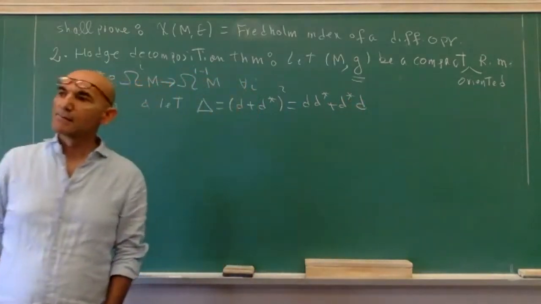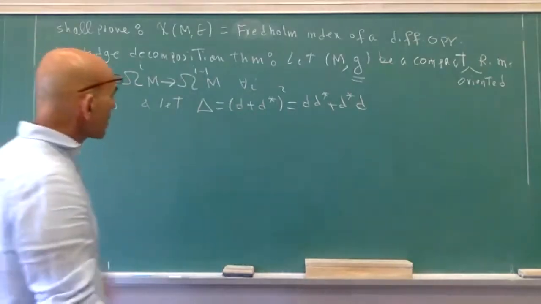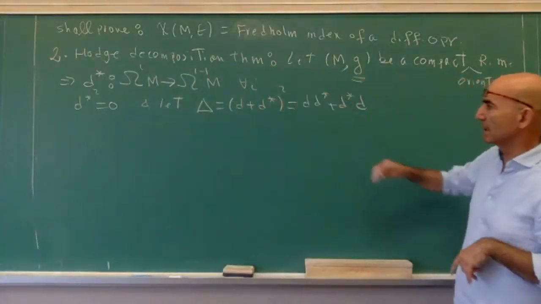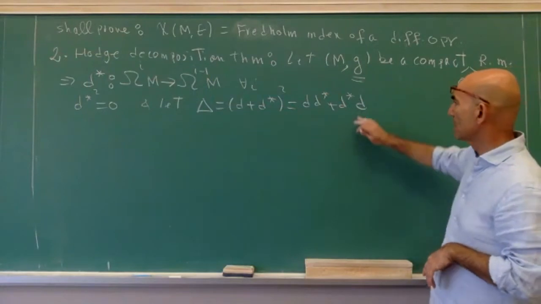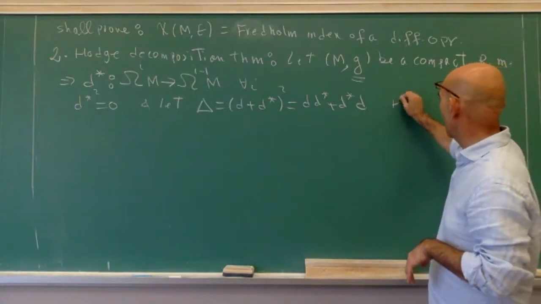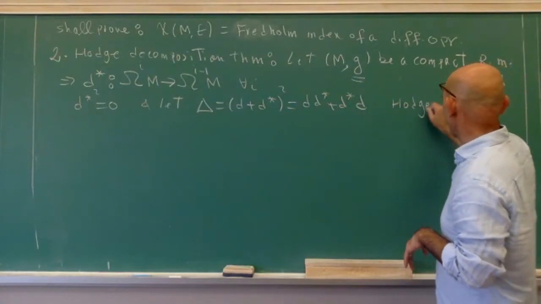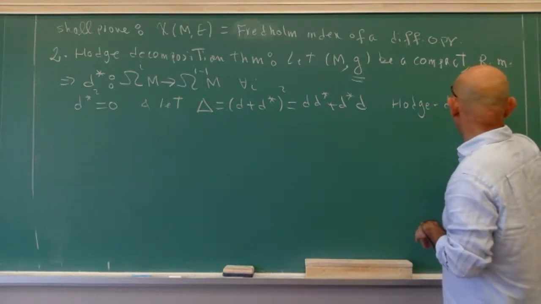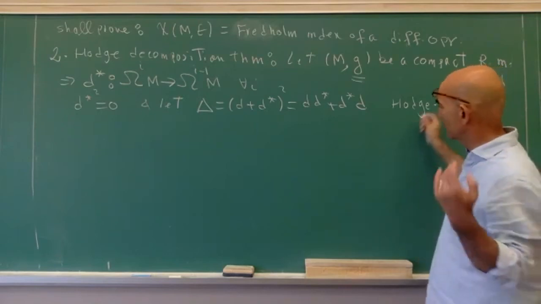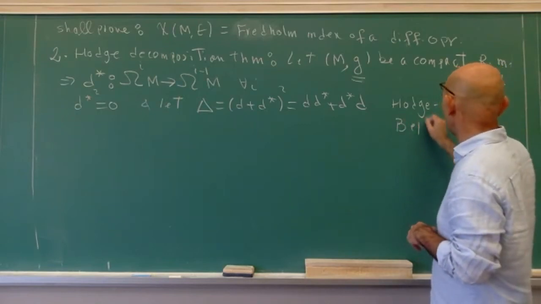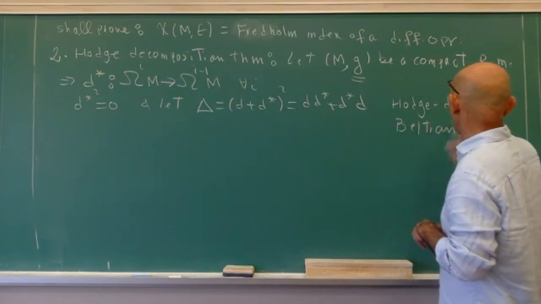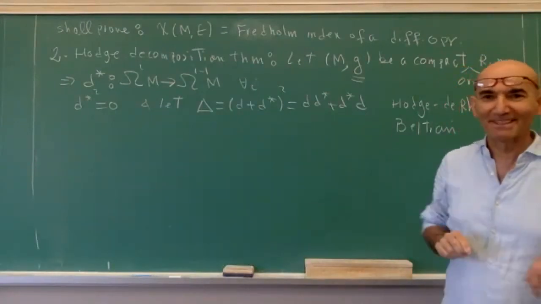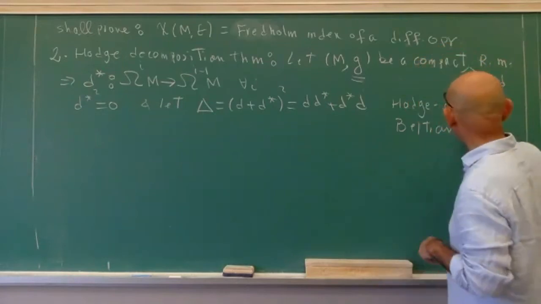That's what we have. I will define this precisely in detail with examples soon, but this is called the Hodge-de Rham, maybe Beltrami, Laplacian. So names of four great mathematicians are packed into this Laplacian.